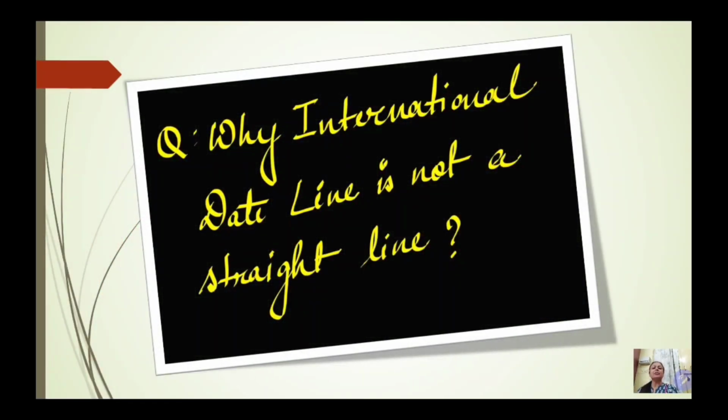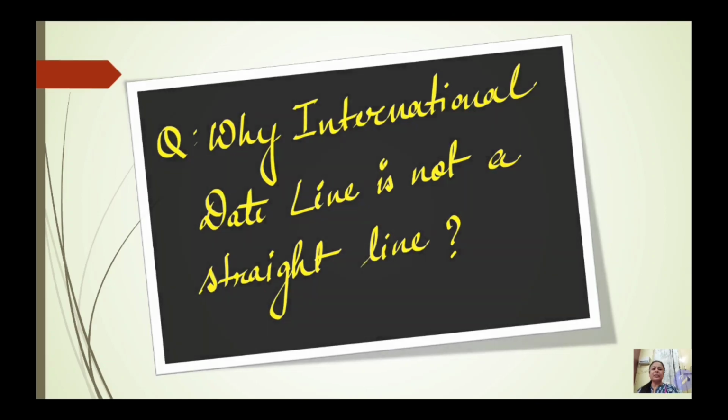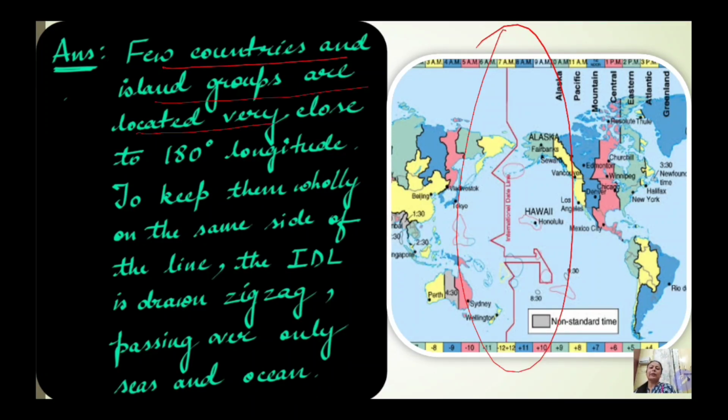Now, why is the international date line not a straight line? It is zigzag. We have seen that the international date line is not straight. You can see here, it's not straight but zigzag. Why? Few countries and island groups are located very close to 180 degree longitude. So to keep them wholly on one same side of the line, the line is zigzag.